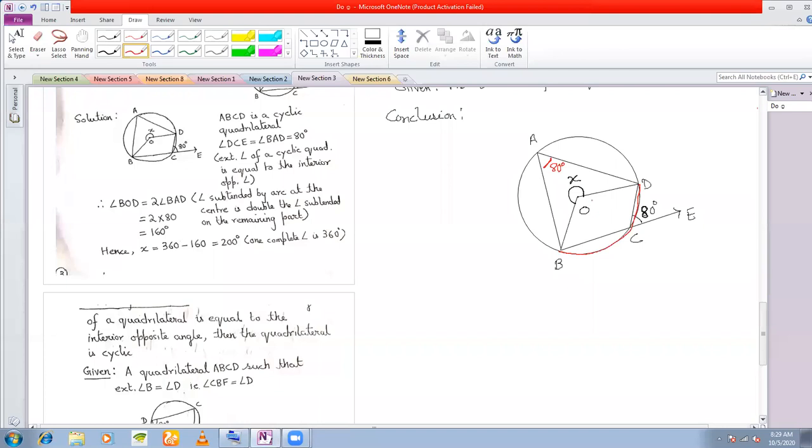So the angle at the circle must be half of the angle at the center, so this angle must be 80 into 2, which is 160. And therefore what should be X? X should be 360 minus 160. Okay, so that is what we write here. We start by saying ABCD is a cyclic quadrilateral.